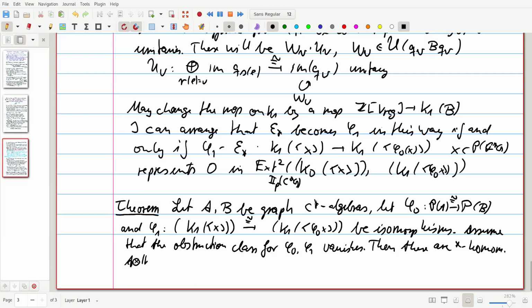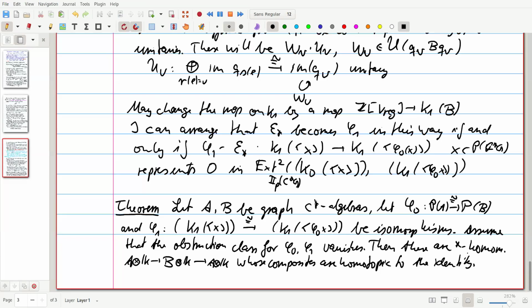So A tensor compacts goes to B tensor compacts, back and forth, whose composites are homotopic to identity maps. And furthermore, we can arrange that the ideal structure is preserved.